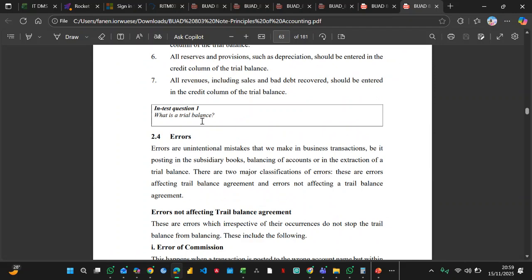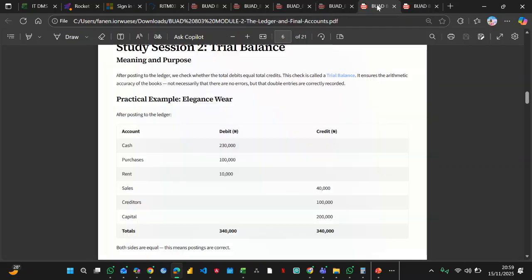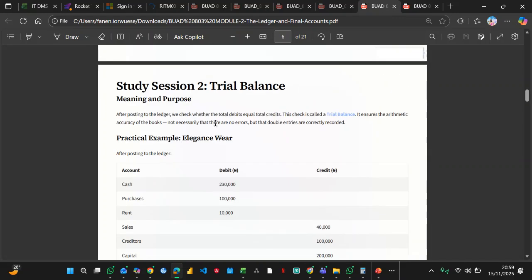So when you go through this material, they're asking, what is a trial balance? I can say a trial balance is a list of all account balances in the ledger.